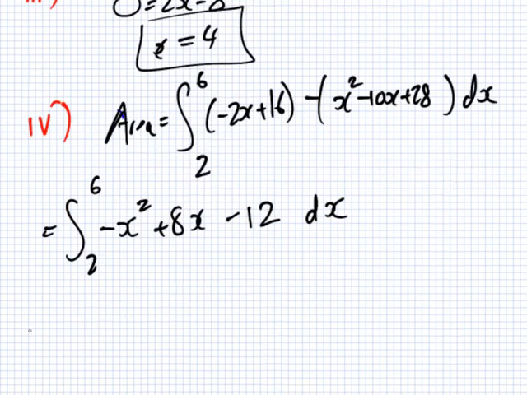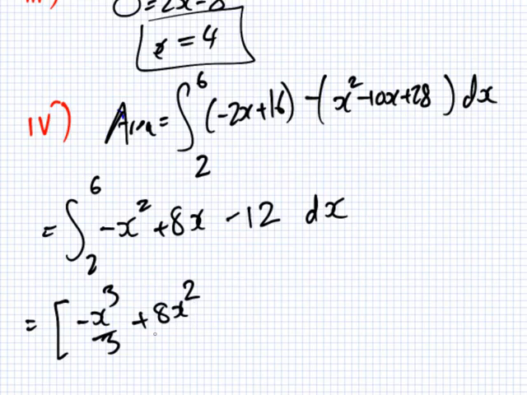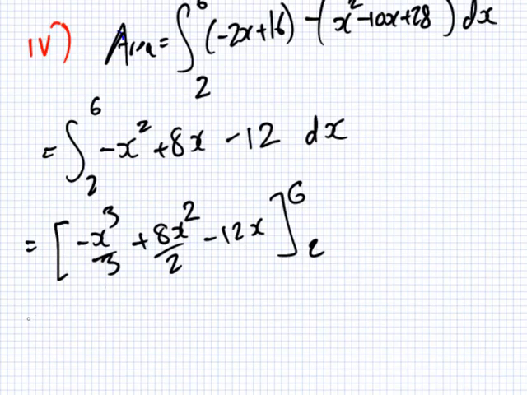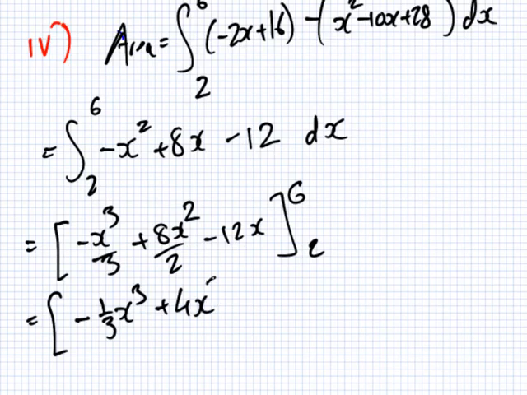So this will equal minus x cubed over 3 plus 8x squared over 2 minus 12x, from 2 to 6. So this equals minus 1/3 x cubed plus 4x squared minus 12x.